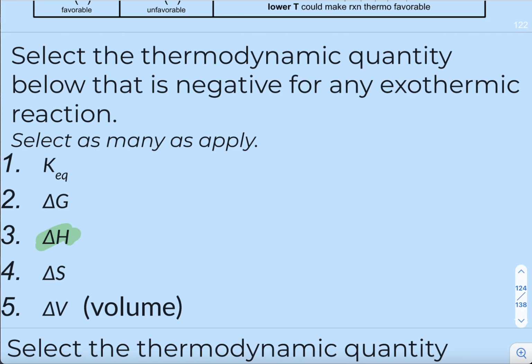It could be favorable, it could be not. So delta G could be positive, could be negative. It could be more disordered, it could be not. So delta S could be positive or negative. Volume, we have no idea what would happen just because it's thermodynamic. And K, it depends on what's favored, the reactants or the product. So all of that can be exothermic. Just delta H has to be negative.